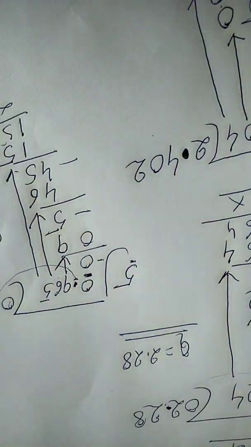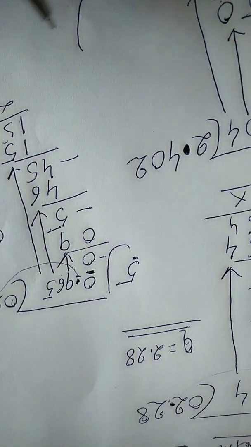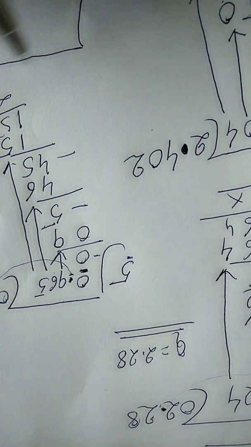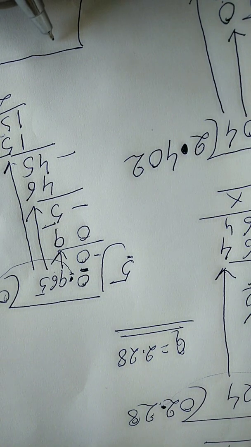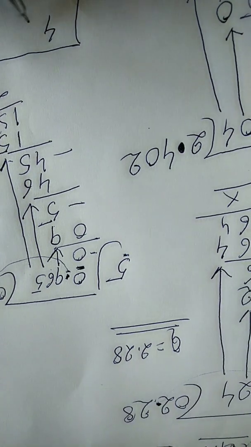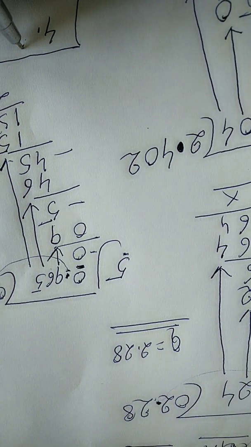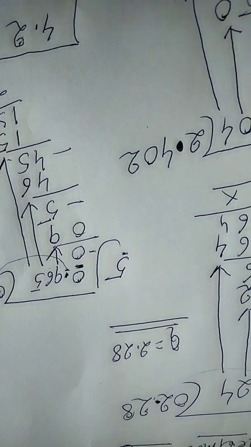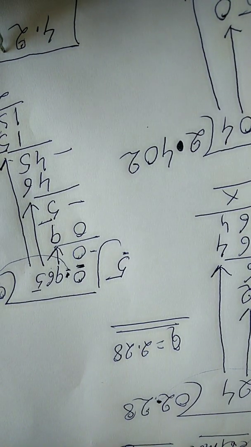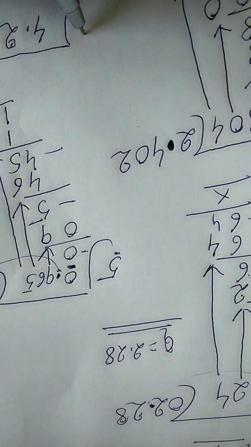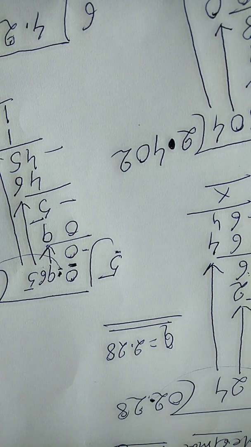Now I will take one more example. I will divide 4.212 by 6.